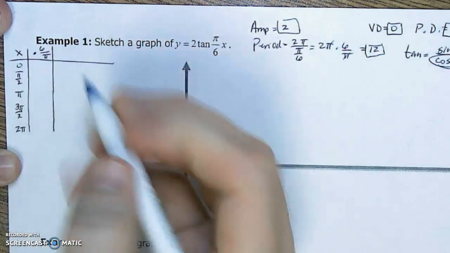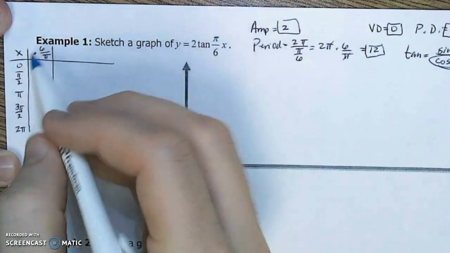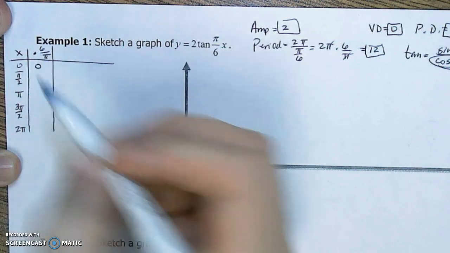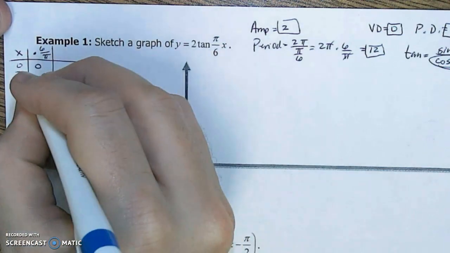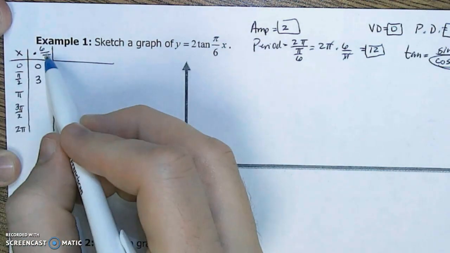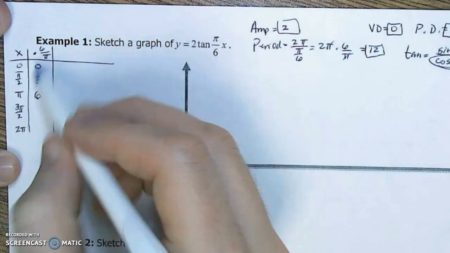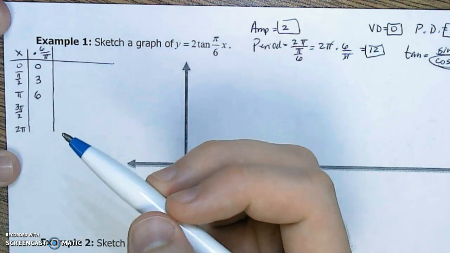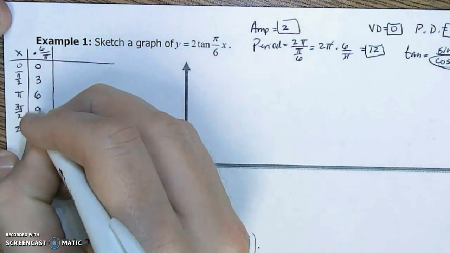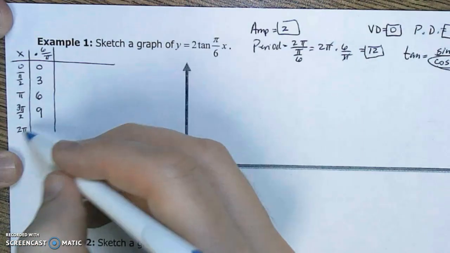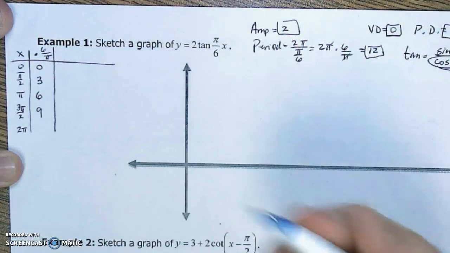So 0 times 6 over pi is 0. Pi over 2 times 6 over pi is 3. 6 over pi times pi is 6. 3 pi over 2 times 6 over pi is 9. 6 over pi times 2 pi is 12.